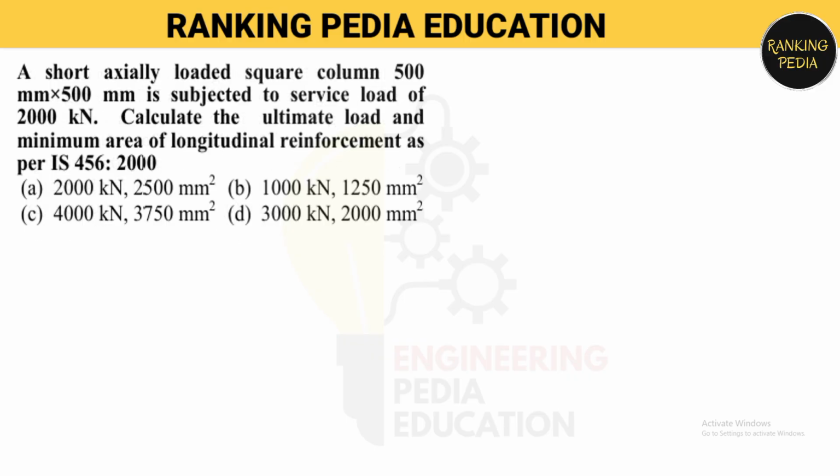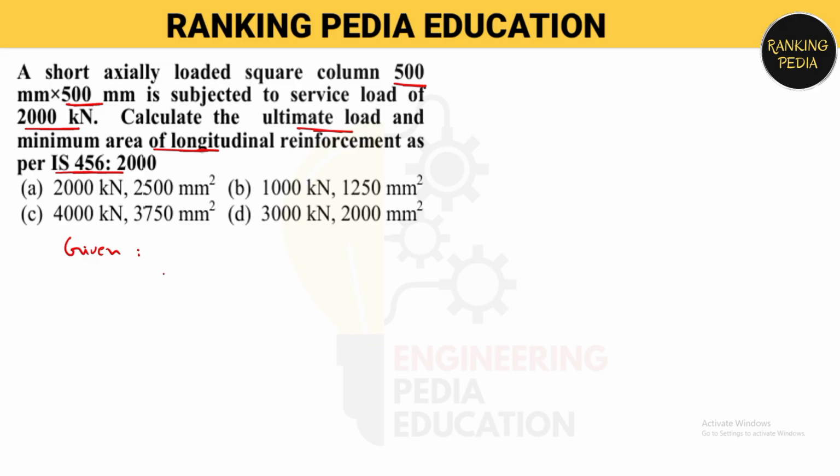Next question is: a short axially loaded square column 500 mm by 500 mm is subjected to service load of 2000 kN. Calculate the ultimate load and minimum area of longitudinal reinforcement as per IS 456:2000. So given quantity, first we will note down.